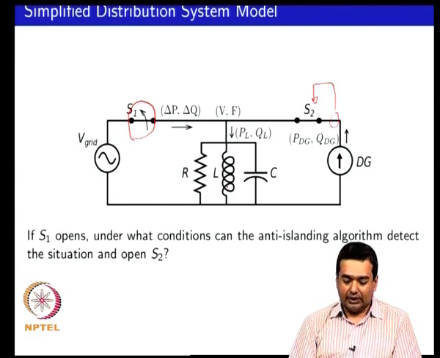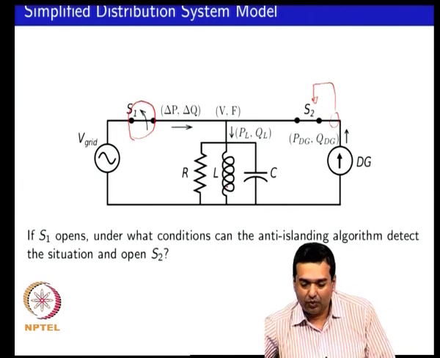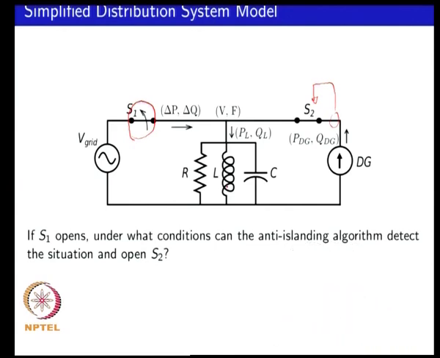Another assumption that we had was that the quality factor of this resonance is greater than 1, which means that the effect of the LC oscillations is dominating over the effect of any damping provided by the load or mismatch between the load power consumed and the power injected by the DG.